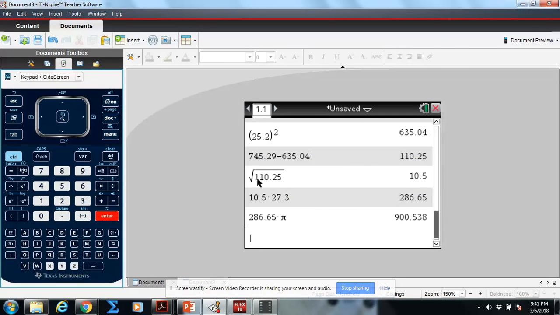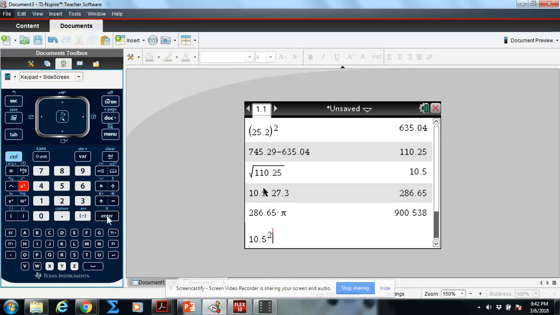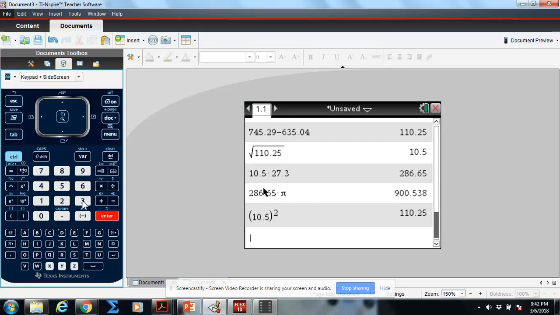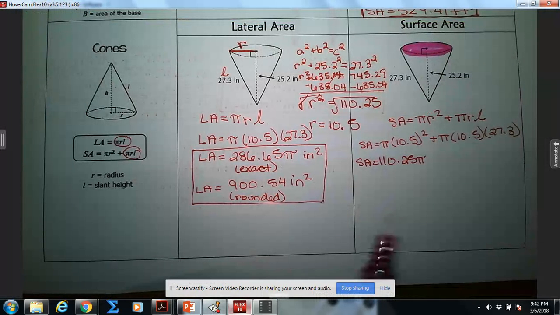Well, check this out. We took the square root of 110.25 to get 10.5. So that means 10.5 squared is just going to take us back to that 110.25 pi. That is the base area there.